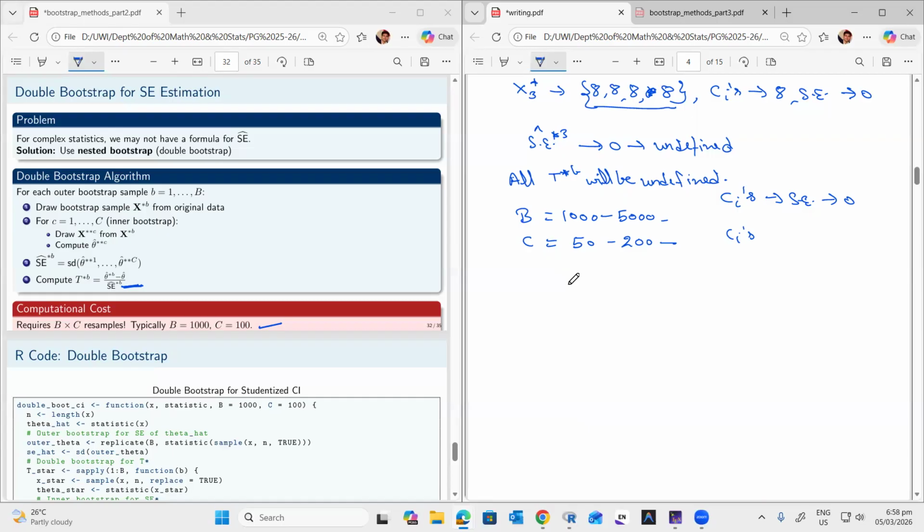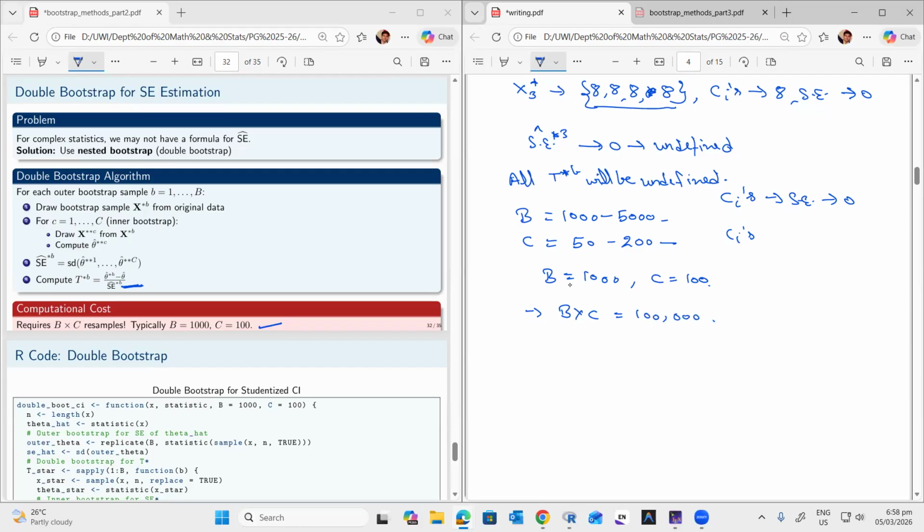Second, we can use it when we need to improve the coverage accuracy. When you use the double bootstrap, what is happening? If B is 1000, suppose, and C is 100, how many samples do you have? Basically, you have B times C samples, that is 100,000 samples.